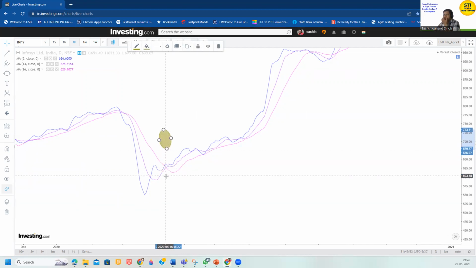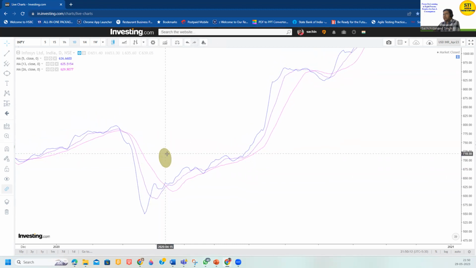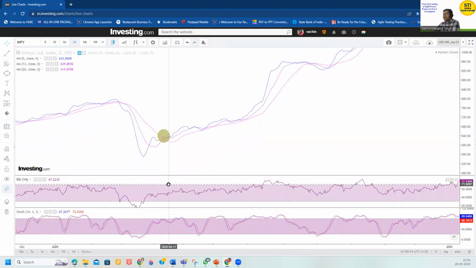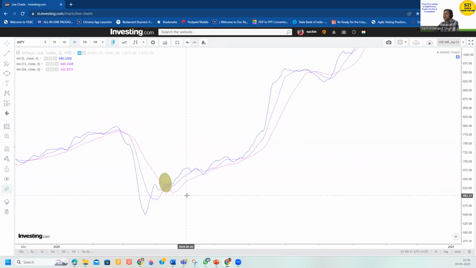Okay, so here if you look, the moving average of 5 is crossing in an upward direction over 13, and after this the moving average of 13 is crossing over 26. Okay, so at this level the complete crossover is happening. That means 5 is crossing 13, and 13 is also crossing over 26.